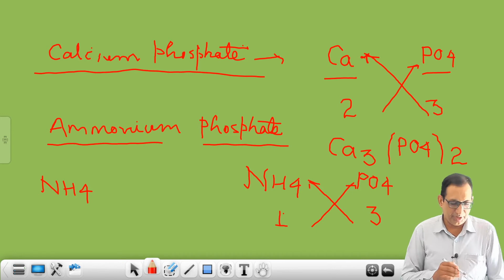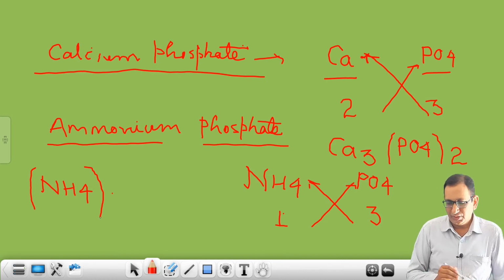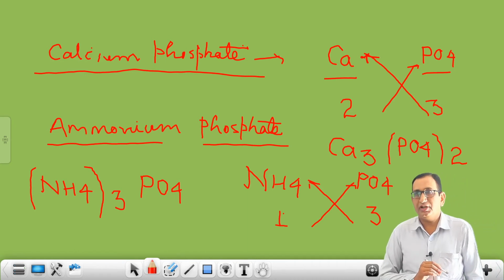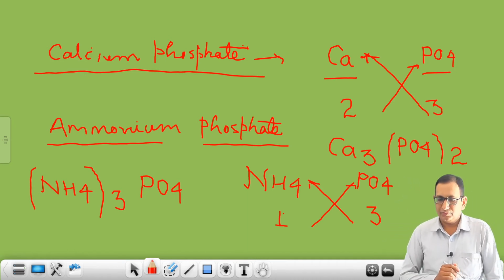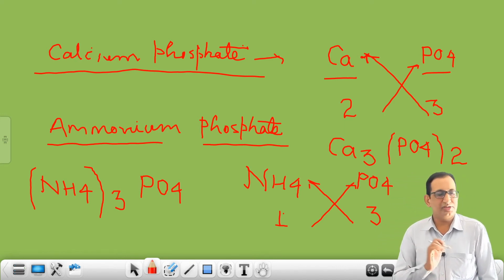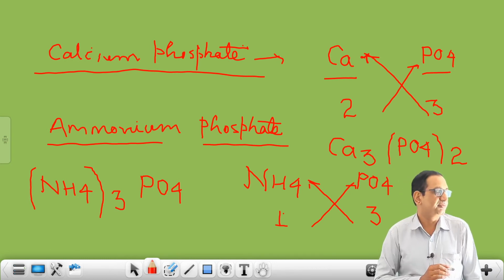So we have to write in bracket if valency is more than 1. And here you have to write 3. Then you have to write PO4, phosphate. So this is the formula for ammonium phosphate. Calcium phosphate, this we have done, students.